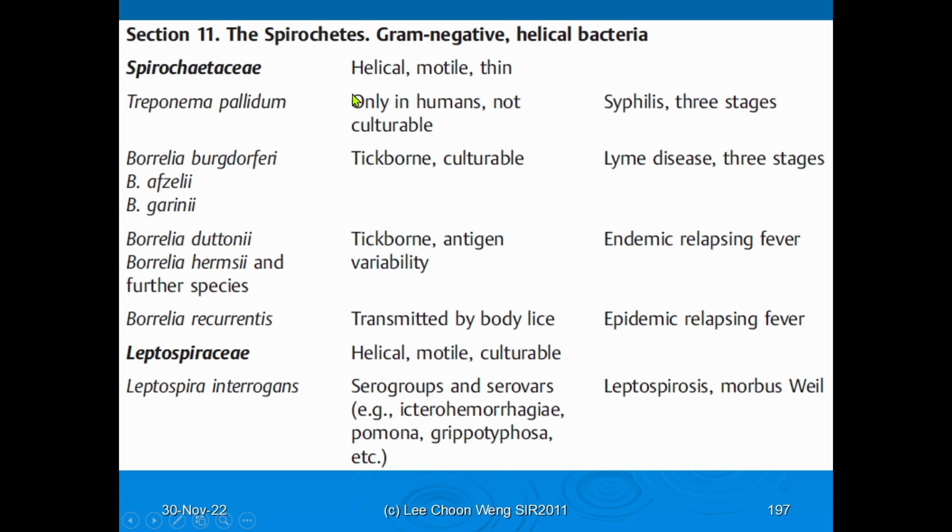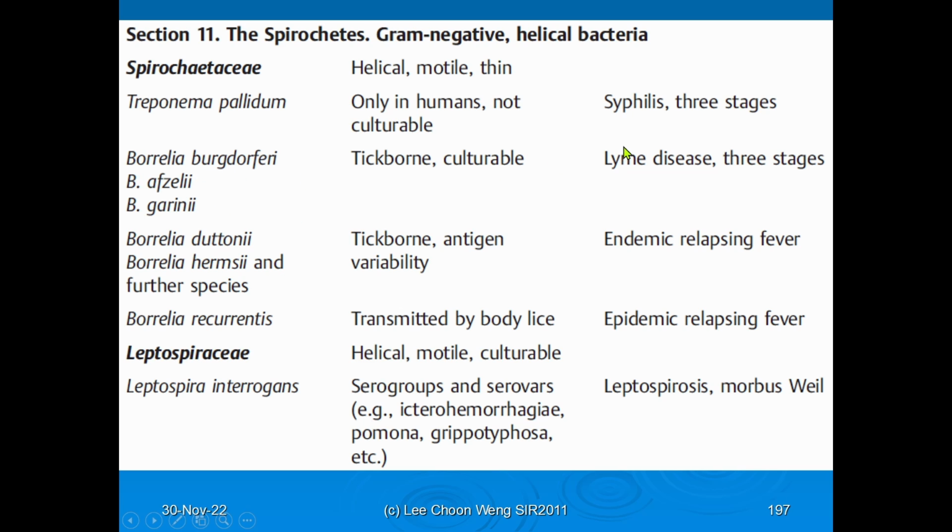For Treponema pallidum, it is a helical, motile, and thin bacterium, found only in humans and non-culturable. It causes syphilis, and there are 3 stages to this disease. Whereas for Borrelia, most are tick-borne and can be cultured.